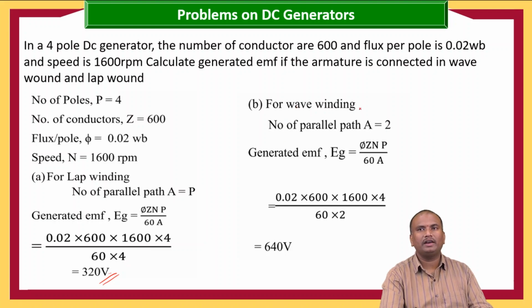Now for wave winding, the number of parallel paths A is equal to 2. The generated EMF Eg is equal to phi Zn by 60 into P by A, which is equal to 0.02 into 600 into 1600 into 4 by 60 into 2, which is equal to 640 volts.